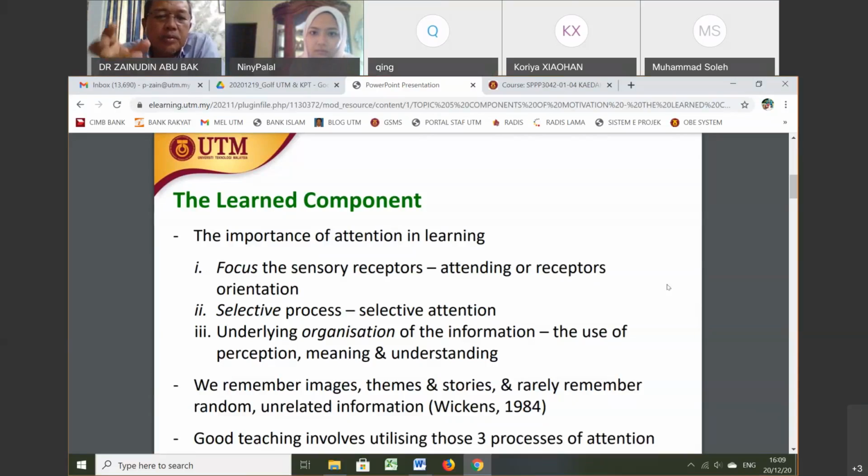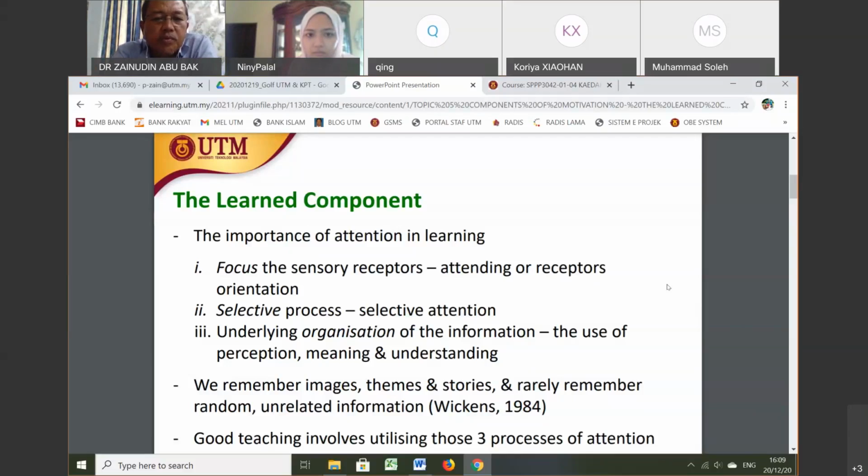When we pay attention to a certain thing, like now you pay attention to the class, watching the screens and listening to what is being said, those are the components that are really important in order to understand and see the connection with learning.